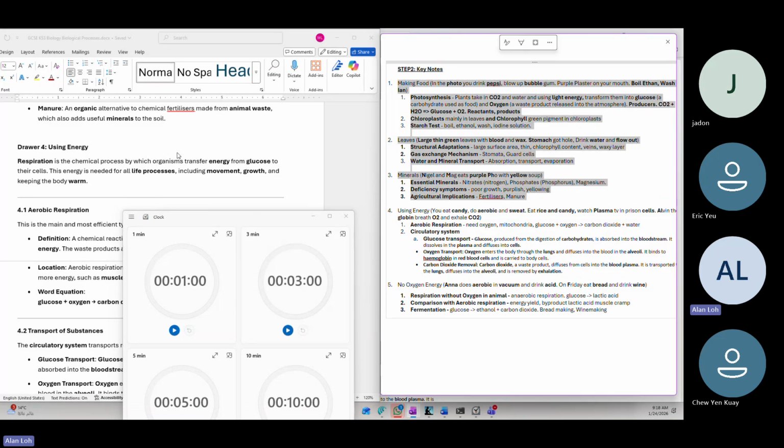Because you have already read step number 3. So with that information, with that reading, you are able to understand this more. So same goes to drawer number 4 and drawer number 5.